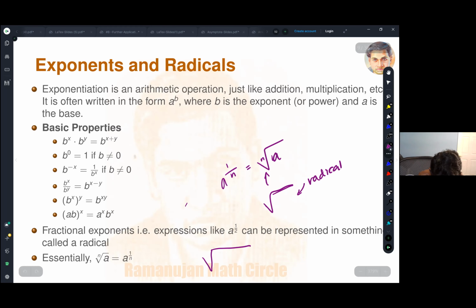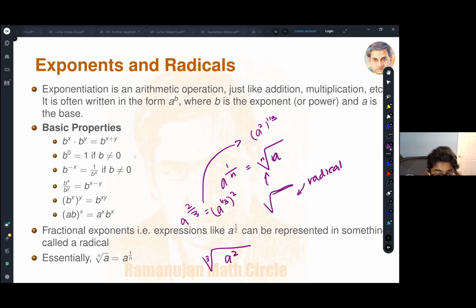So if you have a to the power 2/3, the way you would go about it is say, okay, this is a to the 1/3, squared, or you would call this a squared to the 1/3. Then you put your a squared inside, and then you put your 3 outside.